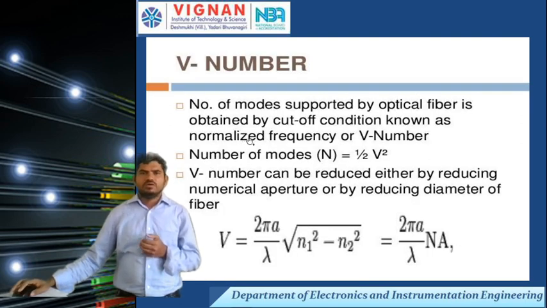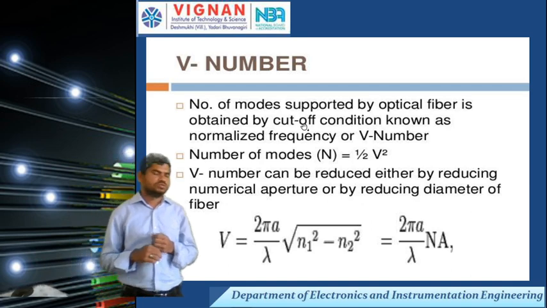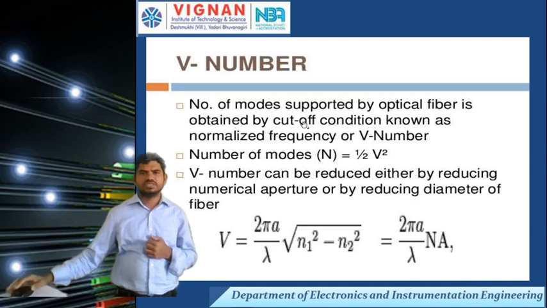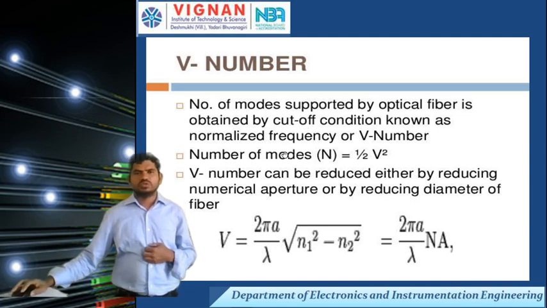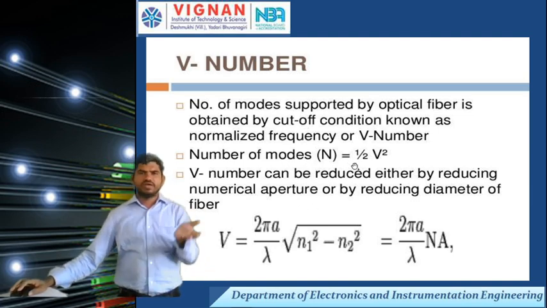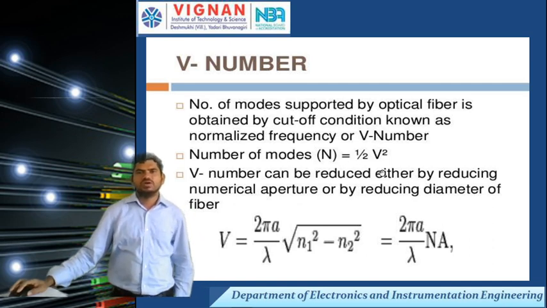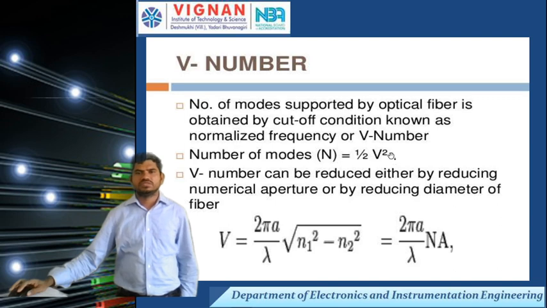Now, the number of modes supported by a particular optical fiber is obtained by a cutoff condition, that is, the normalized frequency or V number. We can find the number of modes in any optical fiber by using N equal to V square by 2, where V is the normalized frequency.